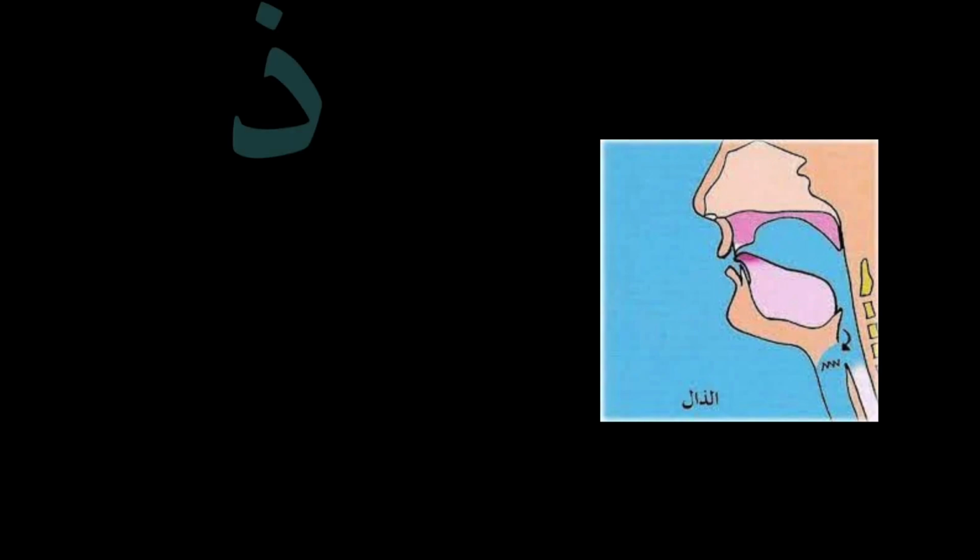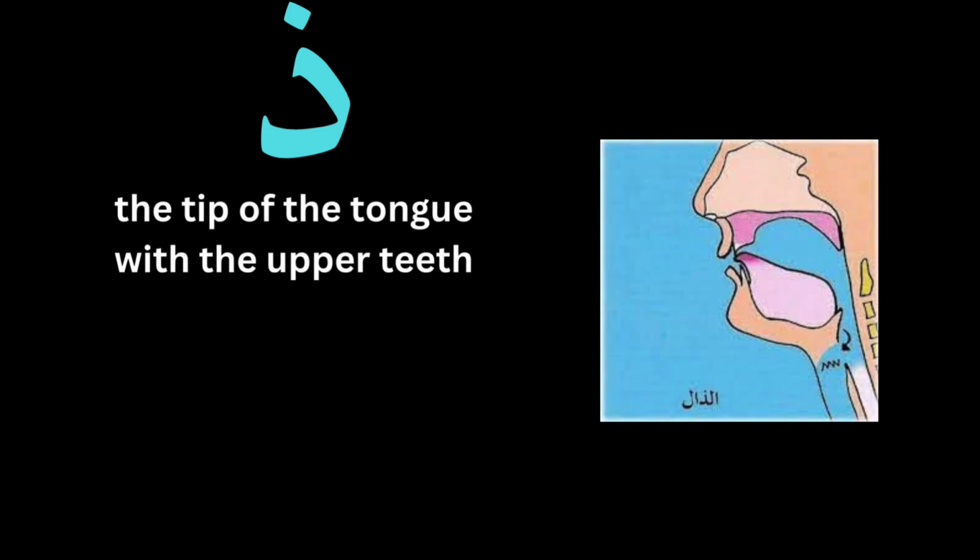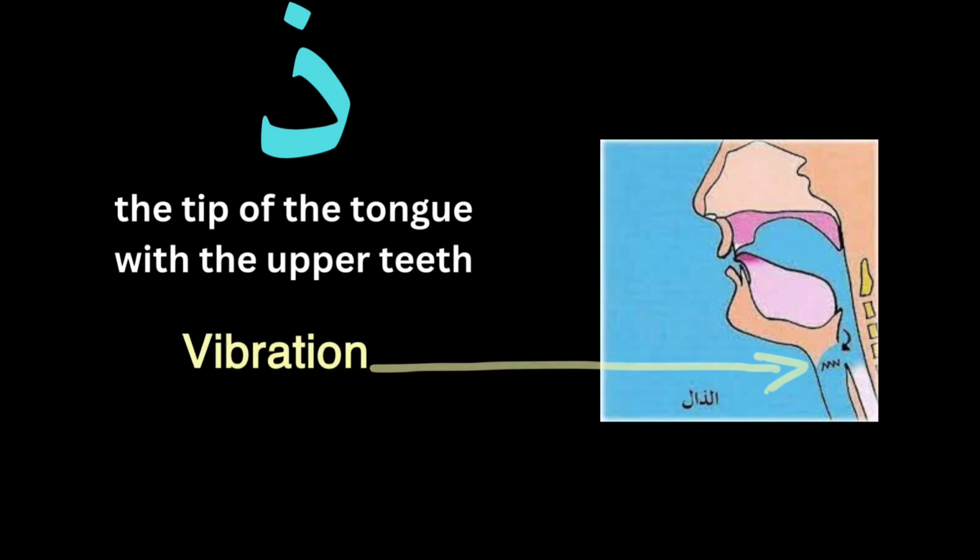The next one we have is dhal. Now, the pronunciation of dhal happens when the tip of the tongue touches the upper teeth, and there is also some vibration in the vocal cords. Now repeat after me. Dhal. An example would be dhil.